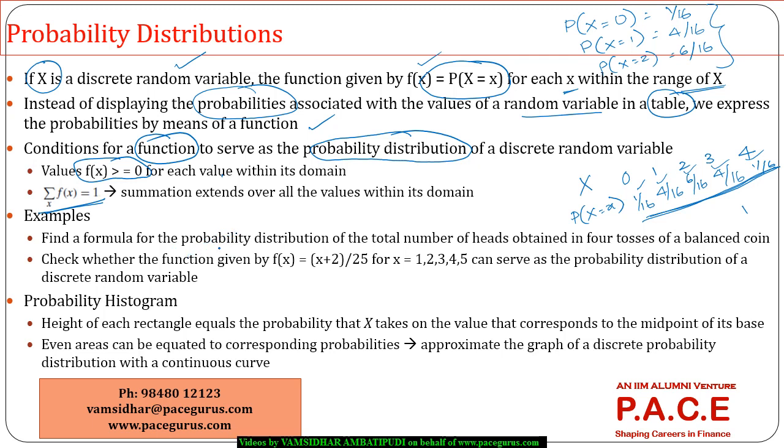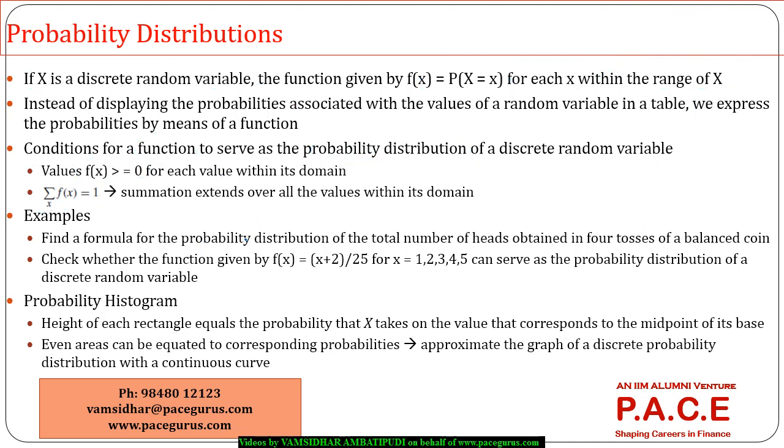Let's look at a couple of examples to understand that. Find a formula for the probability distribution of the total number of heads in 4 successive tosses, right? This is the same example. For 0, I want it as 1 by 16. For 1, I wanted it as 4 by 16, and so on. Now, if I look at the function, if I am talking of 4 tosses altogether, I am getting x number of successes.